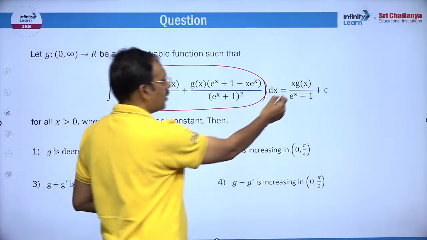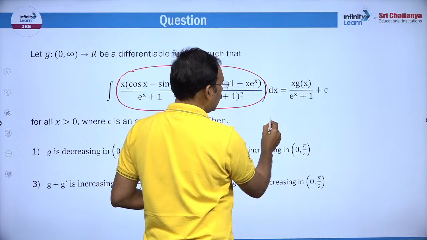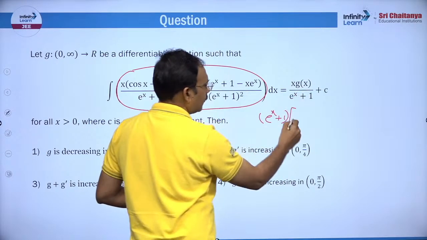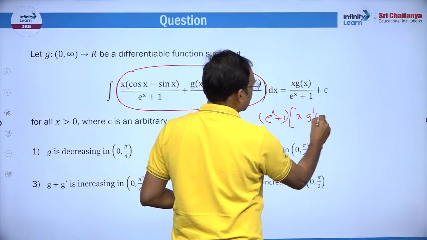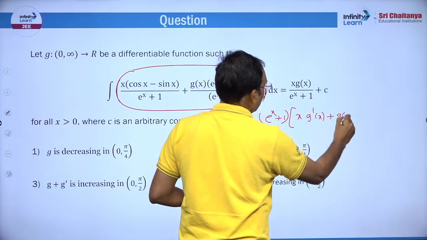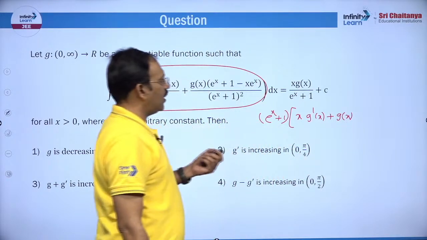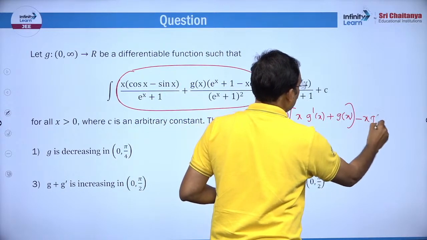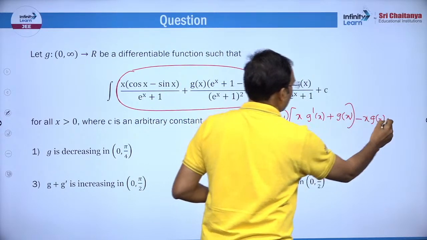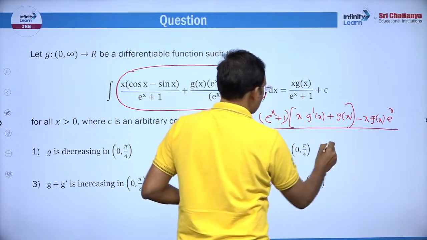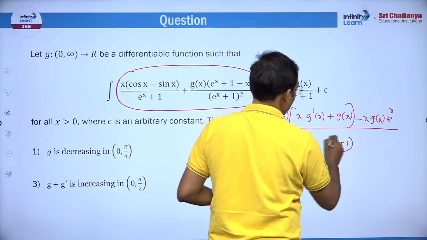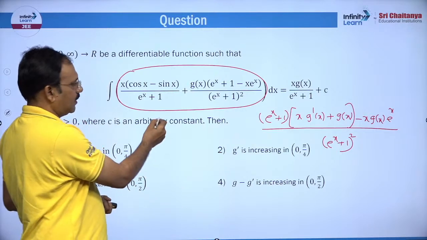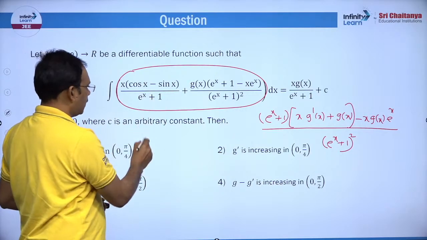For the right side derivative, it is like u by v, so v into derivative of u, x g dash x plus g of x, v derivative of u minus u derivative of v by v square, which is e power x plus 1 whole square.